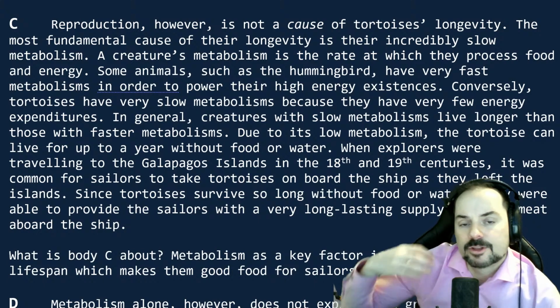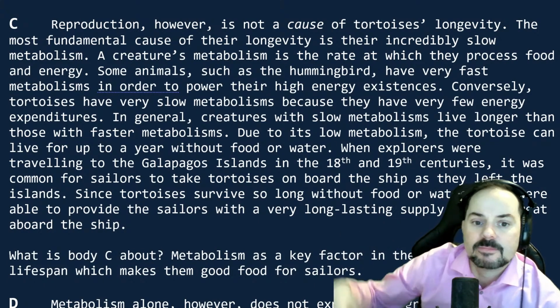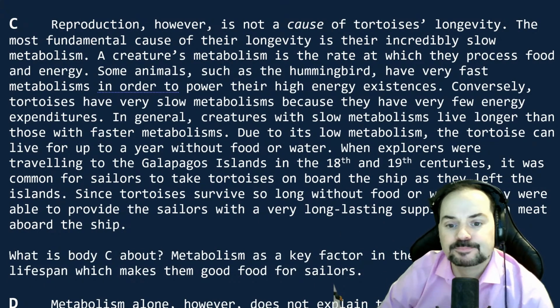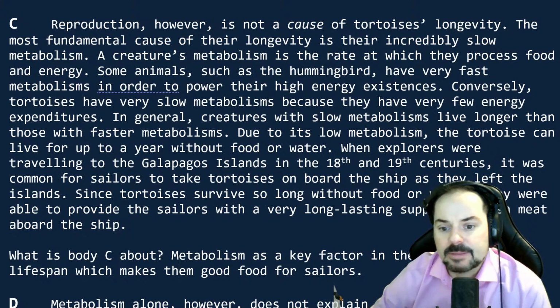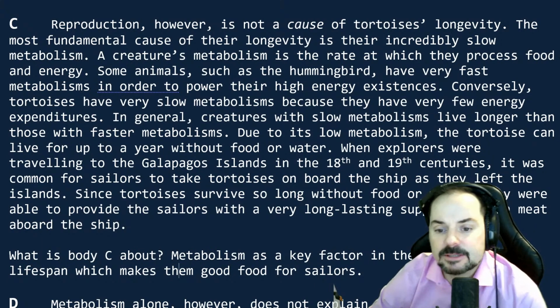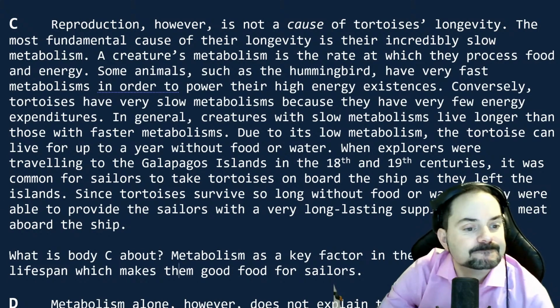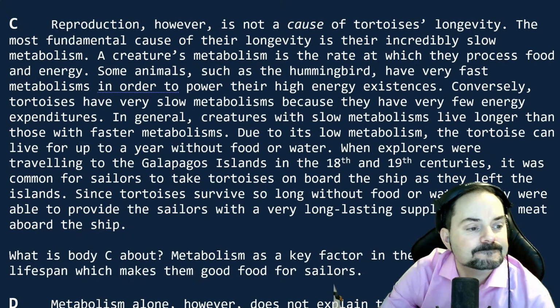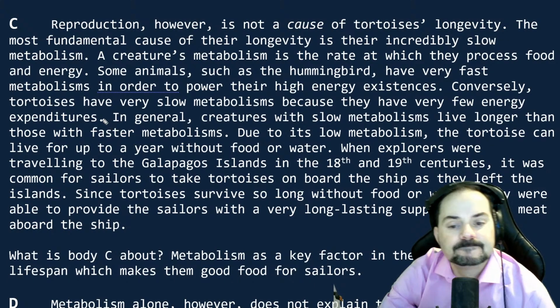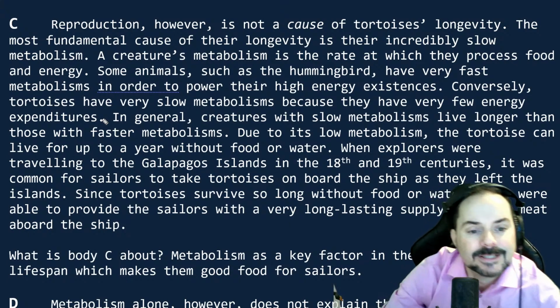What are the pictures that are created in your mind as you read this paragraph about metabolism and the tortoise and the sailor and the hummingbird? Somehow the food chain. They are resistant creatures in harsh conditions and become food for the sailor.